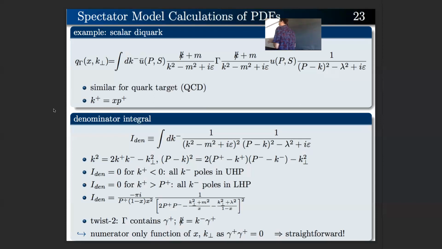Now at leading twist, and most of you have probably only done leading twist integrals like this, that can't happen, because at leading twist you have a gamma plus, and any adjacent propagators that may contain a K minus, that part doesn't contribute. So at twist 2 you never get K minuses in the numerator, and if you get them, they're multiplied by K pluses.